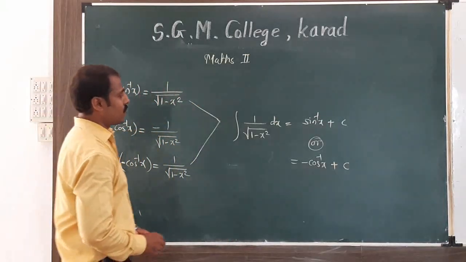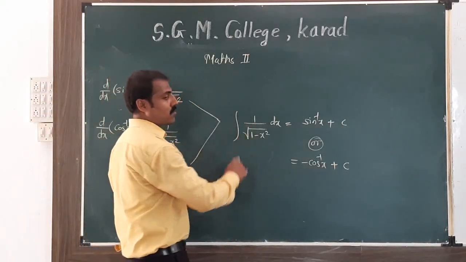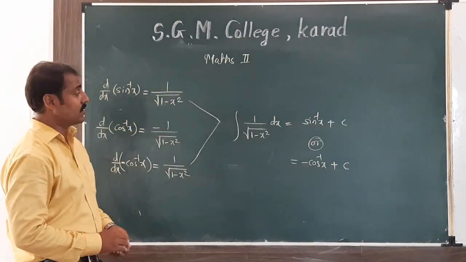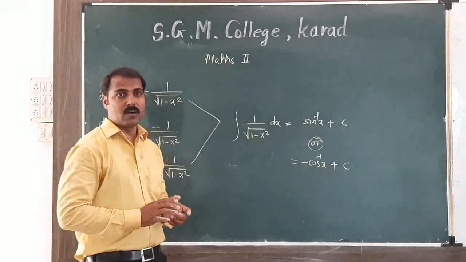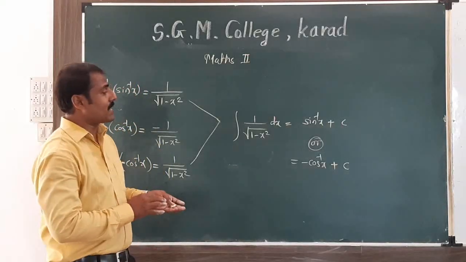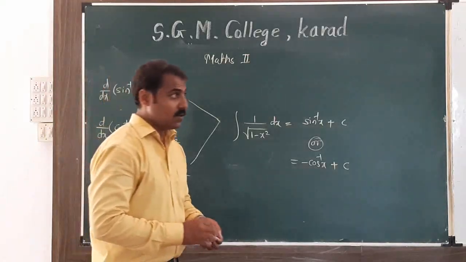Here is the new formula for integration of 1 upon root of 1 minus x square with respect to x: either sin inverse x plus c, or minus cos inverse x plus c.